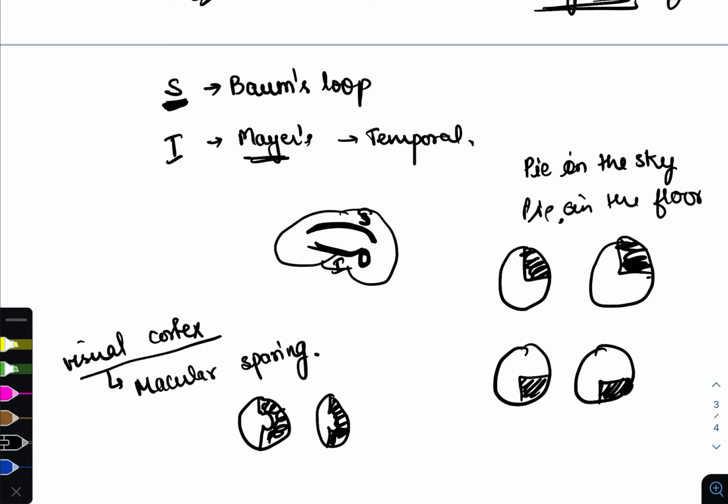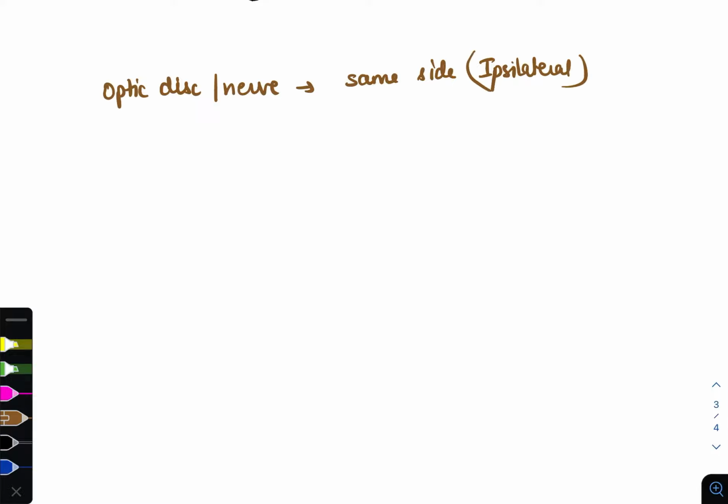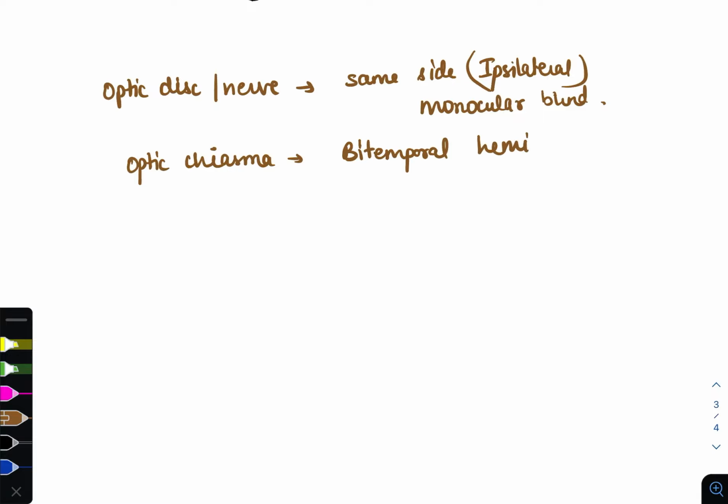In the last we have to make one summary table of which defect we will see when. If there is an optic disc or nerve defect, then the lesion will be on the same side, ipsilateral, and it is also monocular, so only a single eye is involved and monocular blindness will be there. When the lesion is at the optic chiasma, then bitemporal hemianopia will be there.